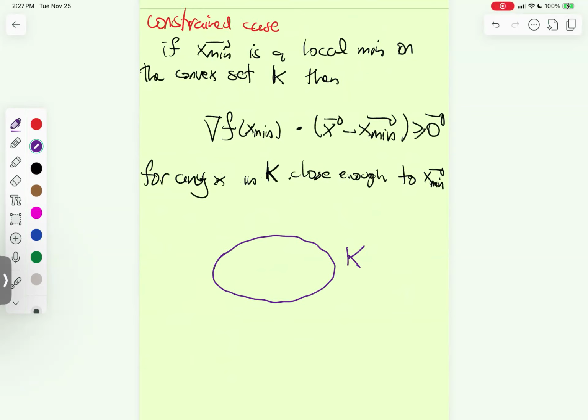The condition of continuity applies, so the gradient has to vanish if the local minimum happens to be on the inside of the convex set. But there's a possibility that the local minimum happens at the edge of the convex set, at the boundary. Let me color it.